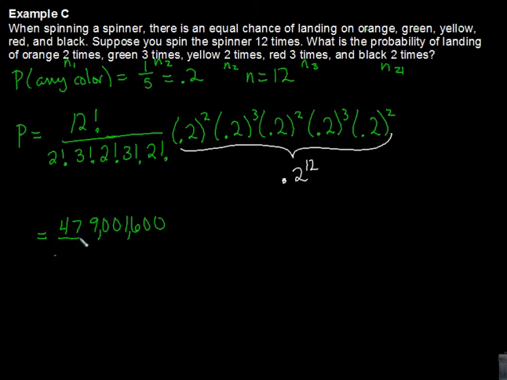And then when I have my denominator, I have 2 times 6 times 2 times 6 times 2. So far, okay? Okay, and then I need to do 0.2 to the 12th.